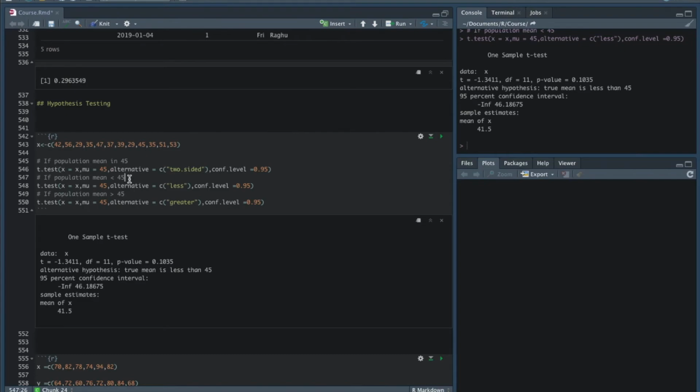Since the p-value is not less than 0.05, you cannot reject the null hypothesis, which is that the population mean is greater than or equal to 45. It is marginally true because it says there is a 95% confidence interval that is between minus infinity and 46.